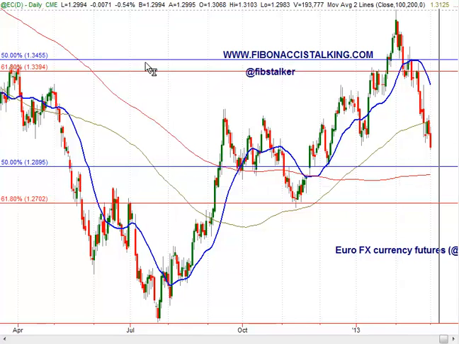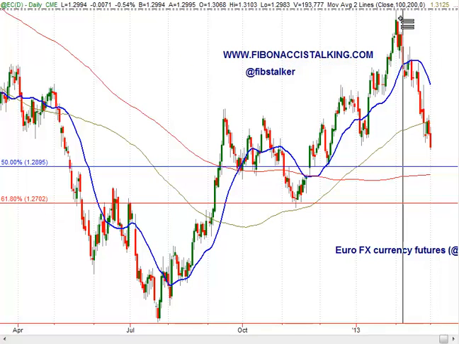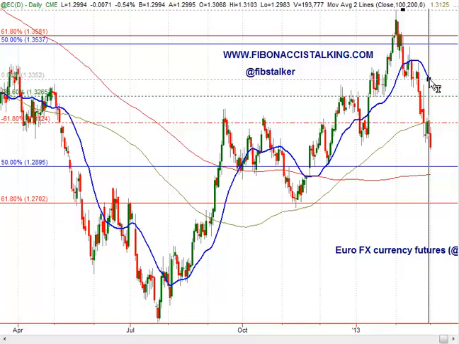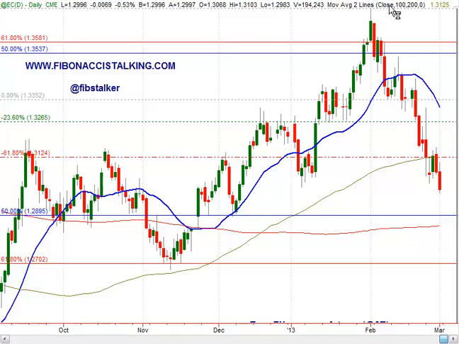So we started a sequence of measured moves lower, which was very aggressive, because the front run was more than 10 pips here every time we moved lower. And this indicates urgency to sell here.